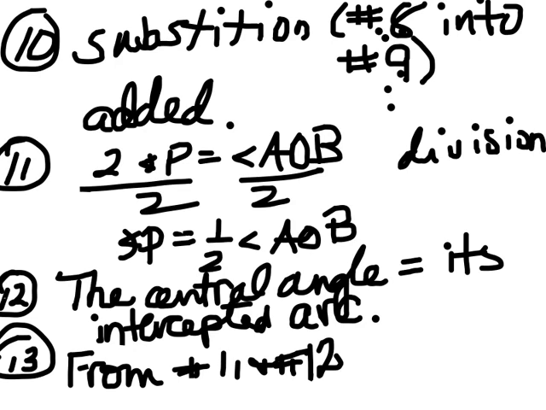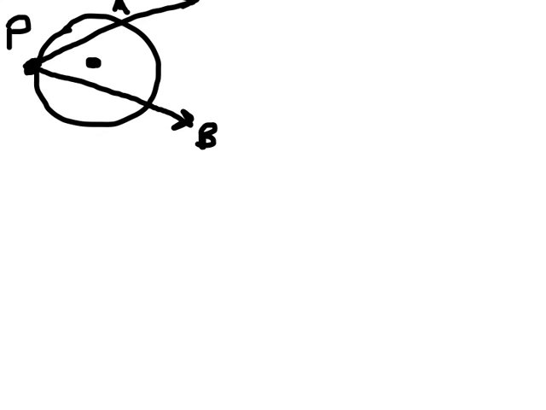Didn't they just make a substitution? Yes. Because they said the arc and the angle were equal, and then up above they said that P is half of AOB. Theorem 63. Well, no, we're proving theorem 63. We got to quit saying theorem 63 because we're proving theorem 63. They use substitution there.